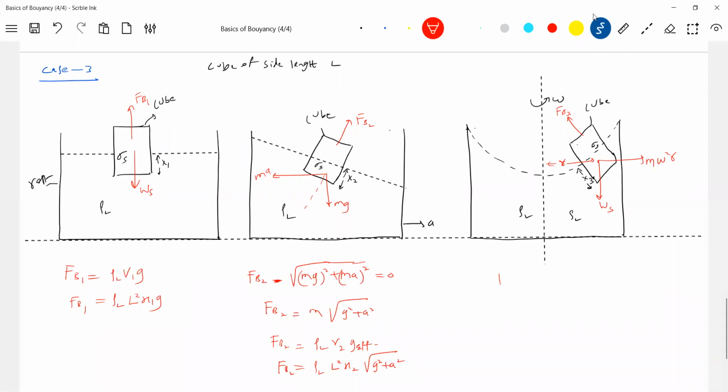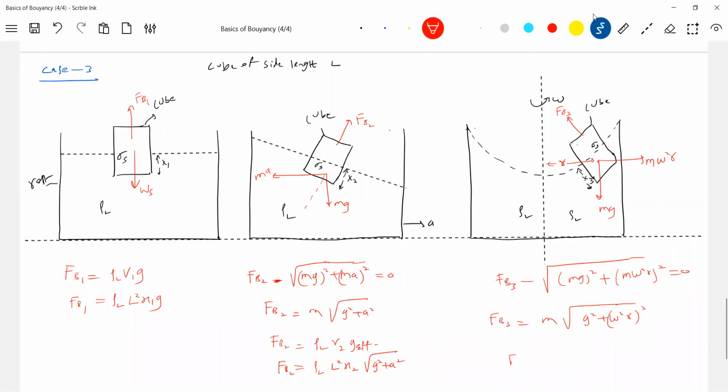So let's write now FB3 minus root of, or mg, in equilibrium. So therefore this will be equal to m root of g square plus omega square r whole square.